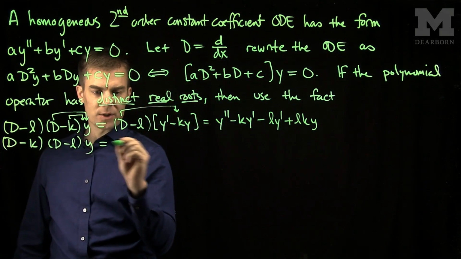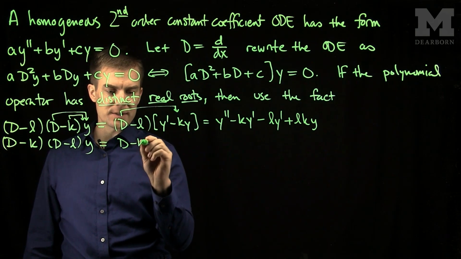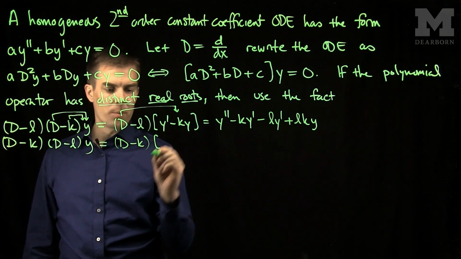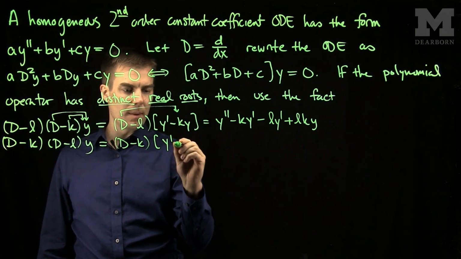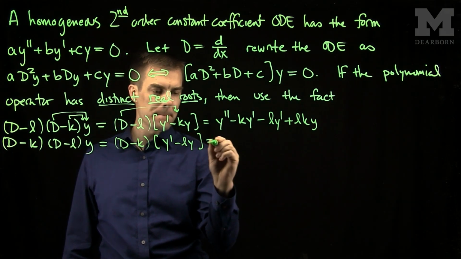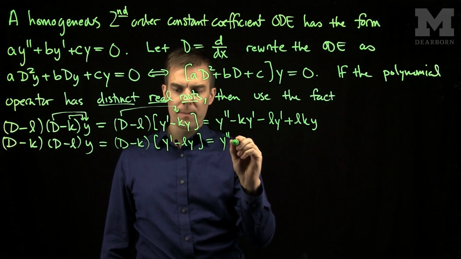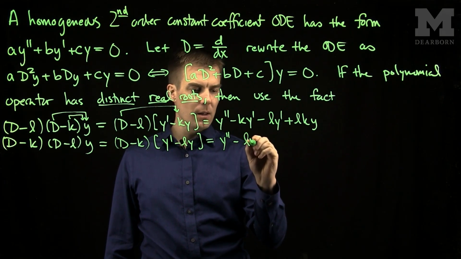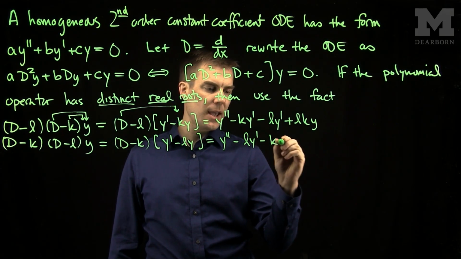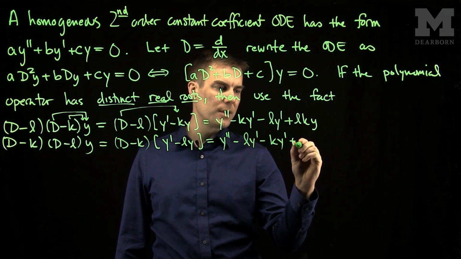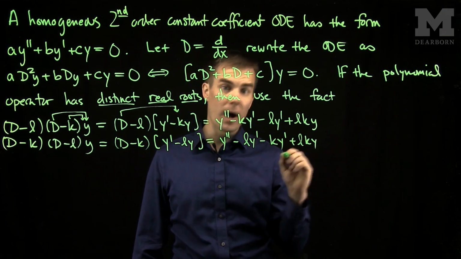Doing a similar calculation below, we see that D minus K will be applied to y prime minus L y. Doing the operation again, this will become y double prime minus L y prime minus K y prime plus L K y.